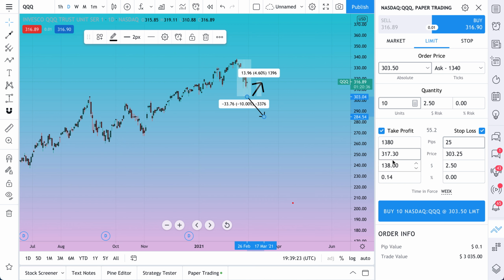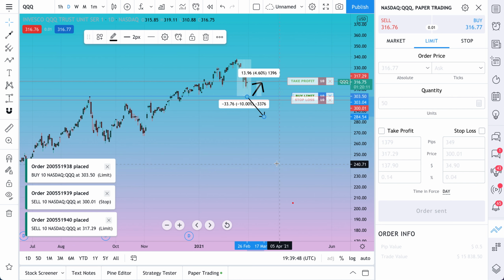So what we'll do is, that's 303.50. So what we'll say, if it breaks 300, another round number. And now let's click buy, because we've done our stop loss, our take profit. And remember, we could do this in pips or in terms of profit gained, or you could say the money you'll lose, or your percentage of your account. Now let's click. And the order's been placed.